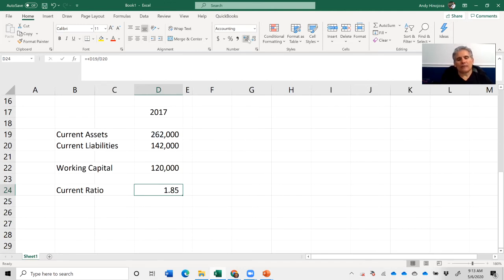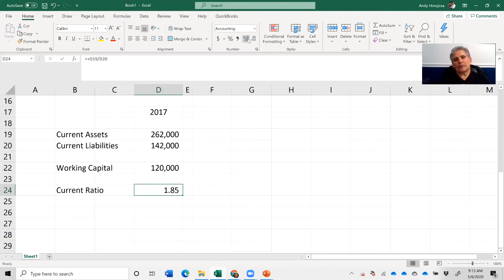So the ratio is going to give us 1.85. So for every dollar we owe in current liabilities, that which is due within 1 year, we have $1.85 sitting in the bank account, or going to be sitting in the bank account, or will be converted to cash. So that gives us a pretty good sense of us being okay.